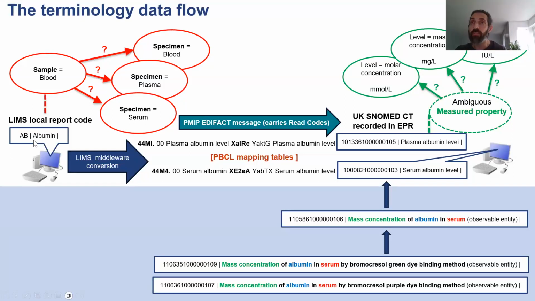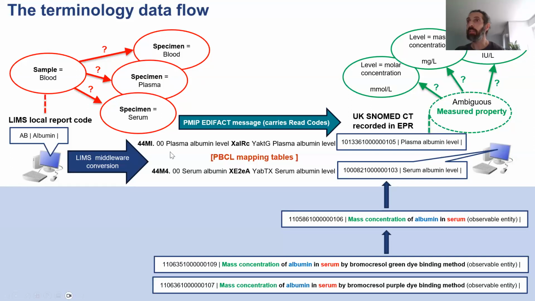But the code in itself contains implicit information about the sample type, for example, in the case of reporting a substance concentration in blood sciences, whether it's blood or spun down stuff, it's reported in plasma or serum. There's a middleware conversion to a Read code that's assured by the labs.